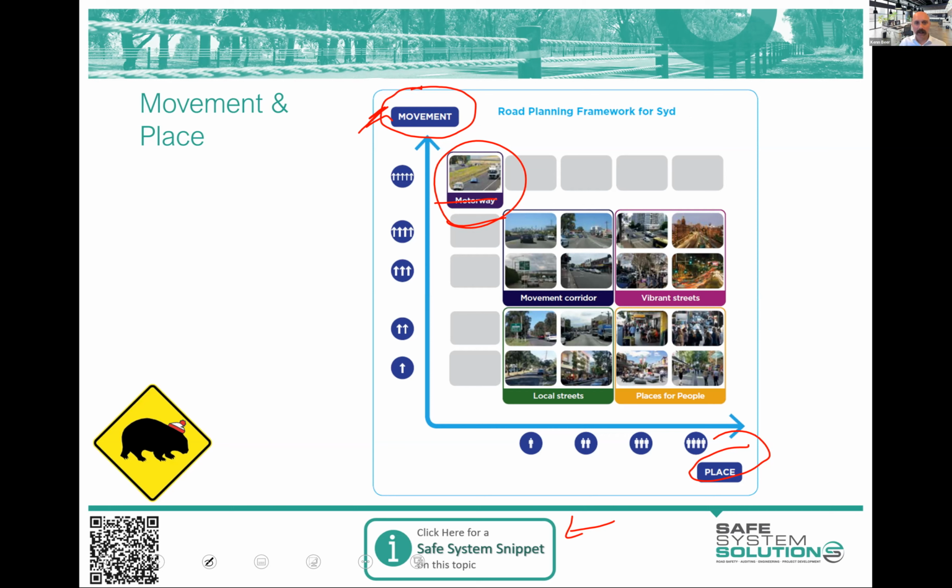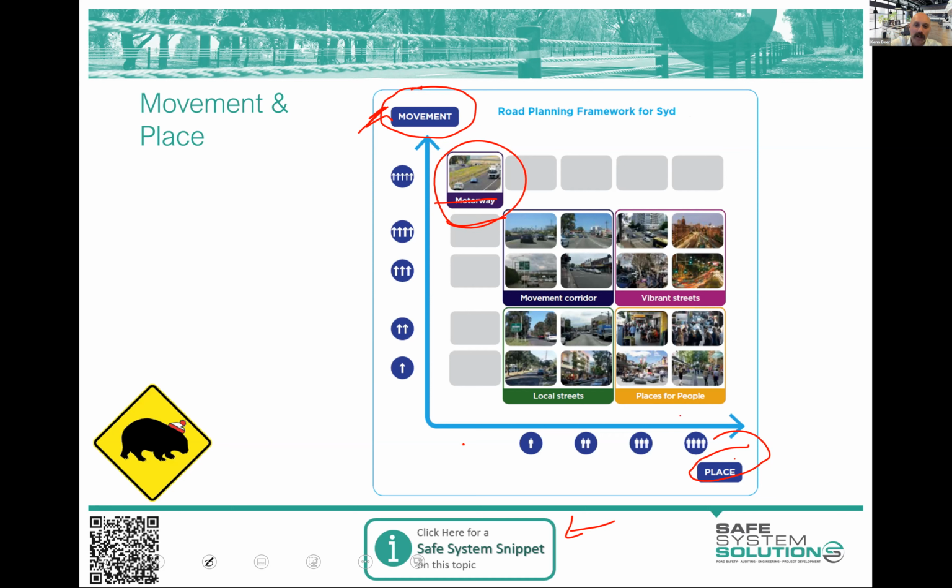So we've got movement, and that a motorway or a dedicated cycleway is not providing that place value, right? We don't want people congregating there, socializing, trading, interacting, and all of that. No, it's about moving the people and the goods through there.